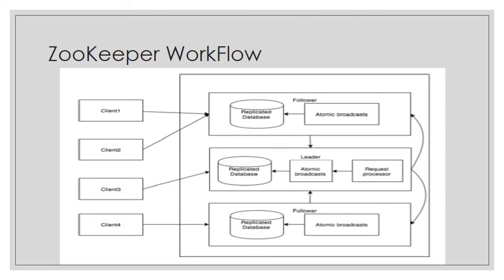Then the workflow within the Zookeeper, we find that packets of work move from the clients into the servers. From there, the servers will be communicating between the follower and the leader, and in there is data, there is request processing, there is broadcasting, there is database replication.